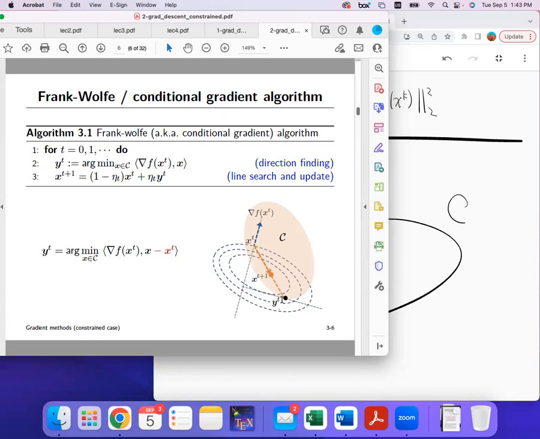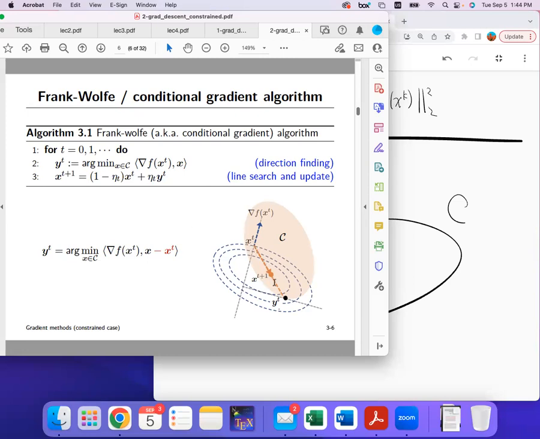You fix xt and search over this shaded area so that this direction has the largest angle with your gradient, because you want to minimize this inner product.